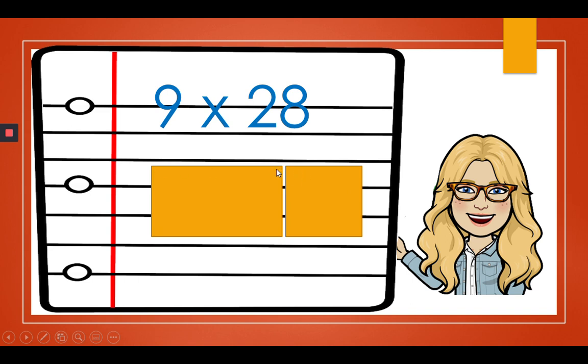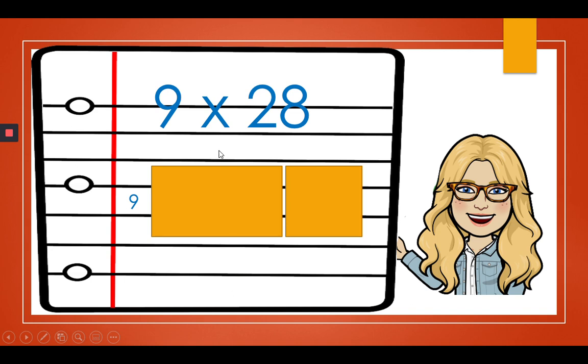You can see it's a rectangle that's been divided, and it's divided because I want a tens section and a ones section. When I use an area model to do multiplication, I always take my 1-digit factor and place it here on the side.